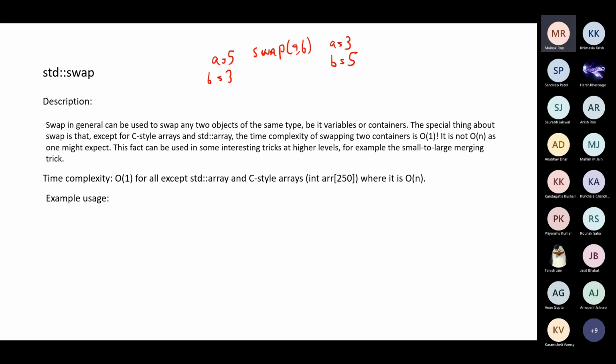The other special thing is that except for C-style arrays, which are arrays of the form a[5] equals this, and std::array, which is a data structure provided by the STL that is kind of a wrapper for the C-style array, the time complexity of swapping two containers is constant time.